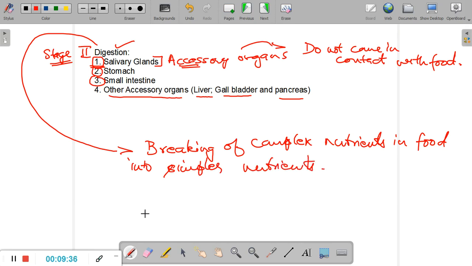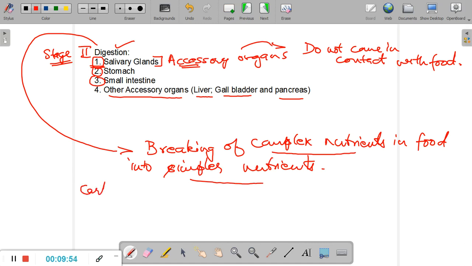Alright, so we'll spend a little more time today discussing complex nutrients and simple nutrients. Let us discuss them in slightly more detail. Now, I hope everybody knows the 4 major groups of nutrients.